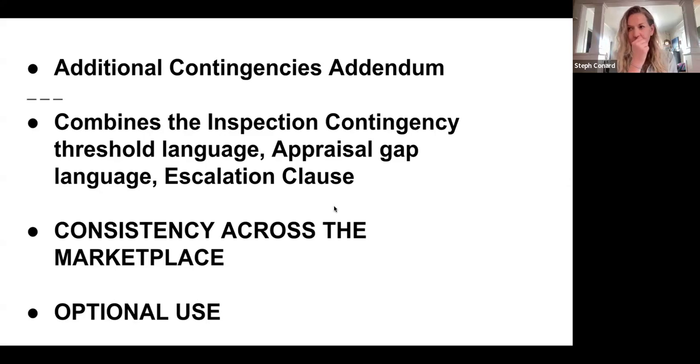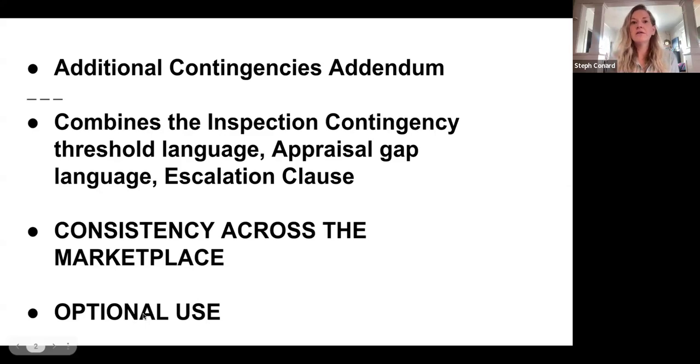At the time that this was being developed, there were a lot of different versions of essentially the same language being floated around. We wanted to create consistency in the marketplace, so the GMAR drafted this so that everybody could be on the same page. So it is optional use.